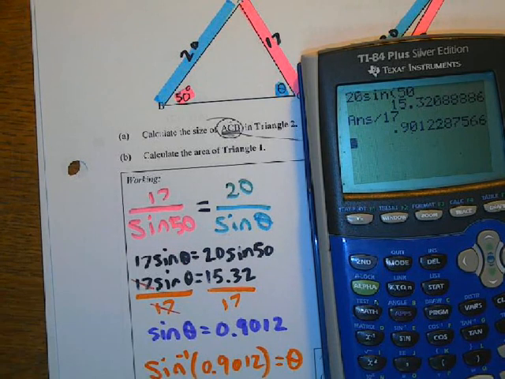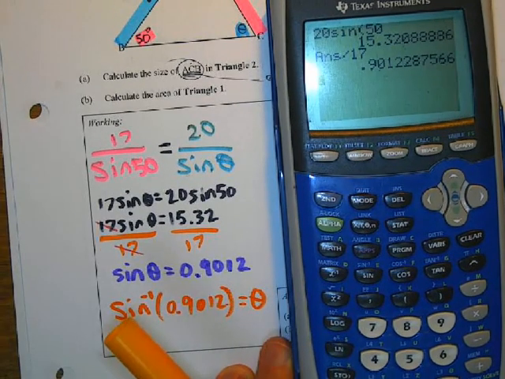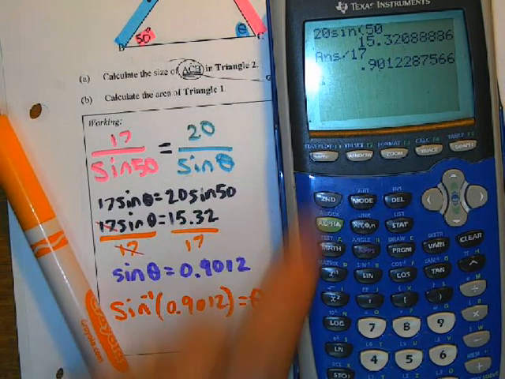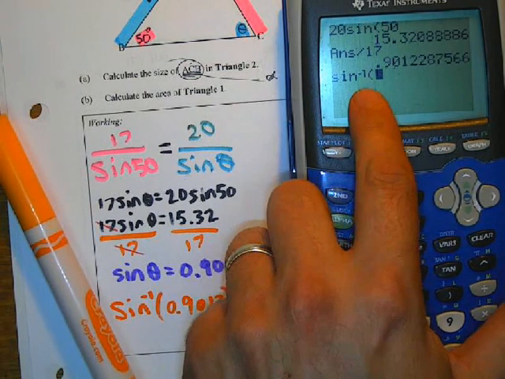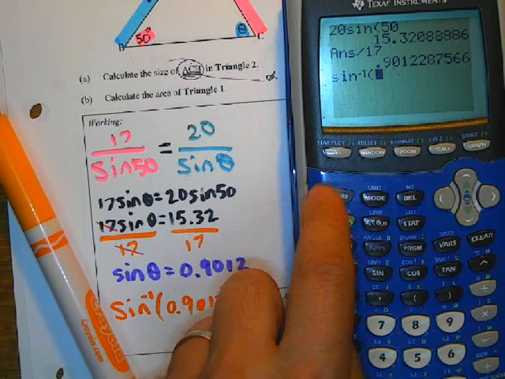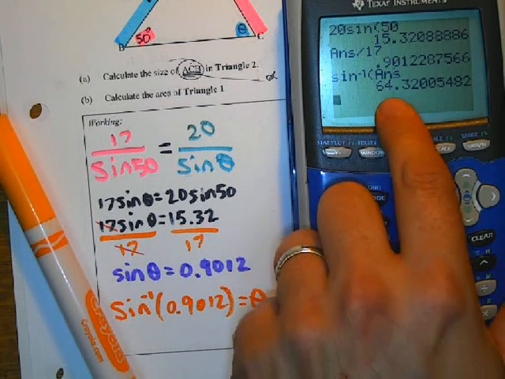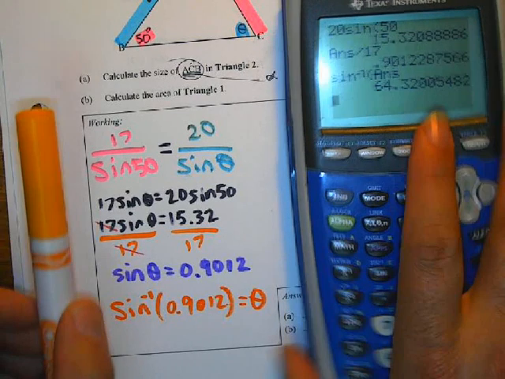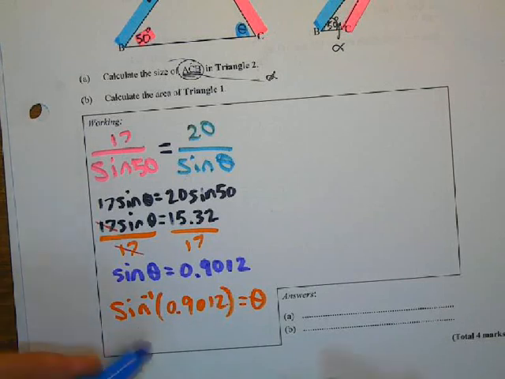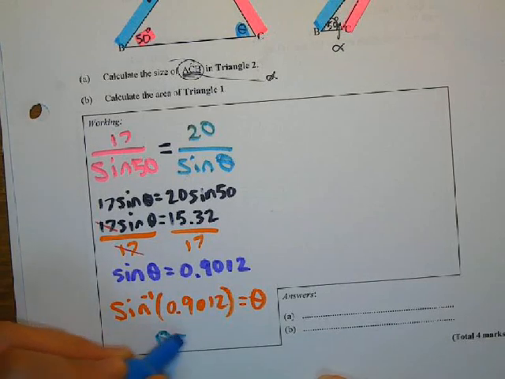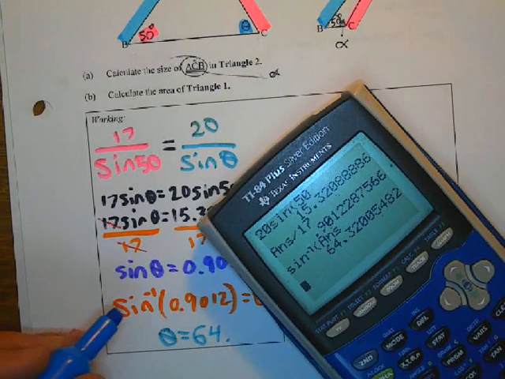If I push the second button and then hit sine, then I can put in the decimal, or I can just do second to get the previous answer. I hit enter, and now I know that angle is 64.32 degrees. So theta equals 64.3 degrees.